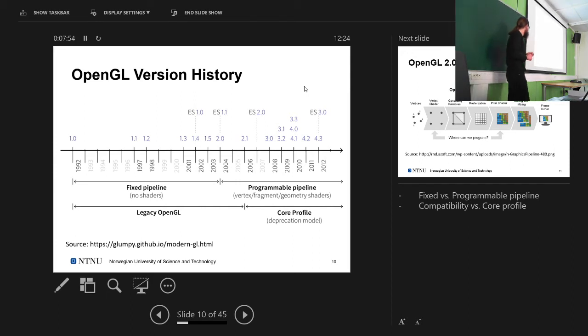But they still also keep this legacy, which is sort of like backwards compatible. But that's usually for special interests or special cases. We will not deal with that. We will deal with the core profile here. It's a bit outdated. You see 4.3 there, 4.5 I think came in 2014, and then recently 4.6 came out. So that one should probably have been updated, but anyway.